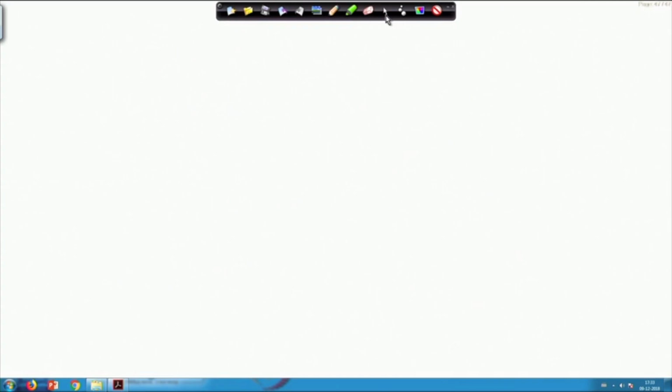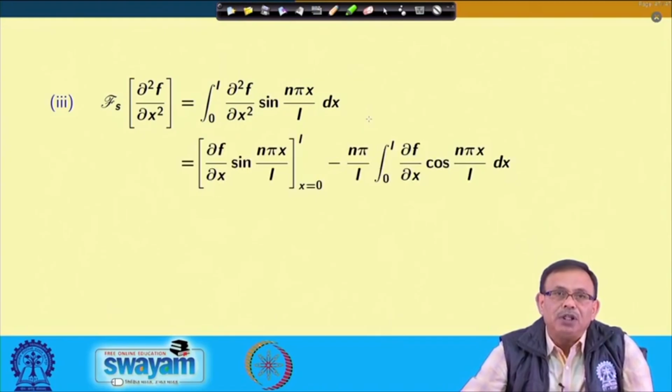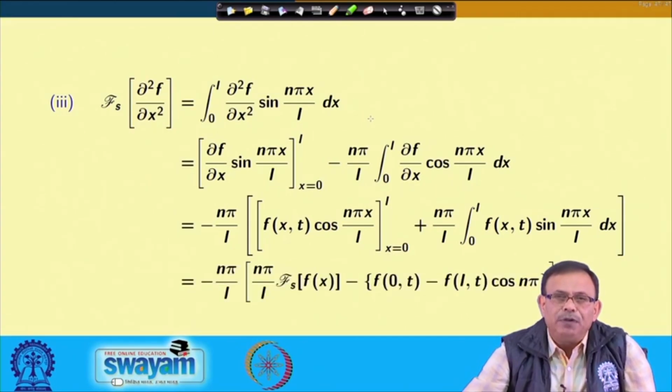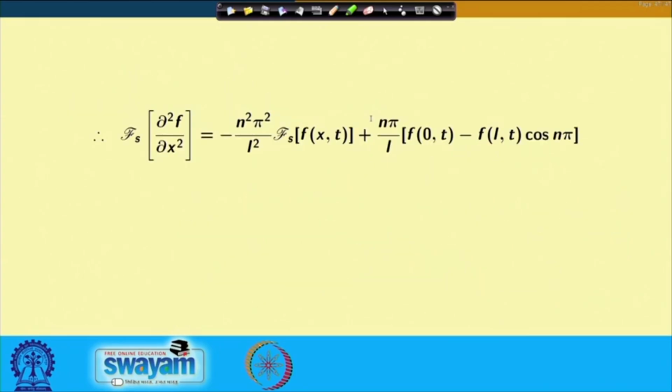So using integration by parts, the first part is again 0. For the second integral, using integration by parts again, you get two terms, and the integral is nothing but nπ/L into the Fourier sine transform of f(x,t) minus f(0,t) minus f(L,t) into cos nπ. So I have to remember these things.